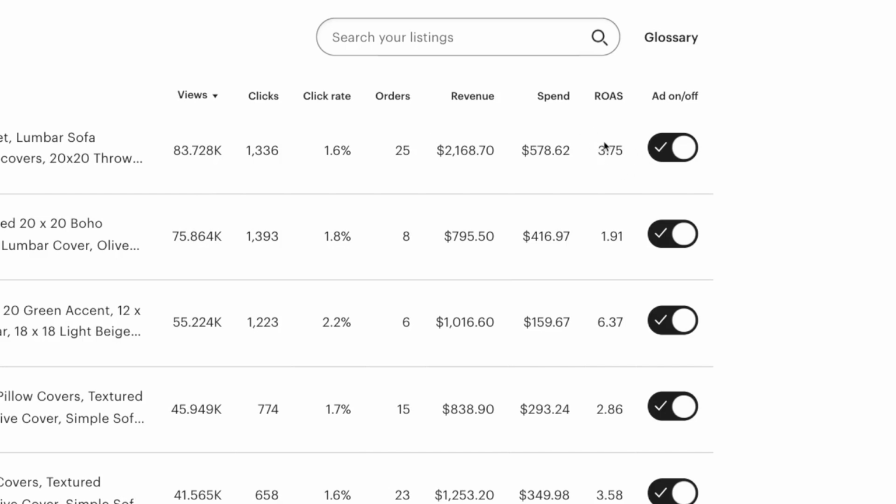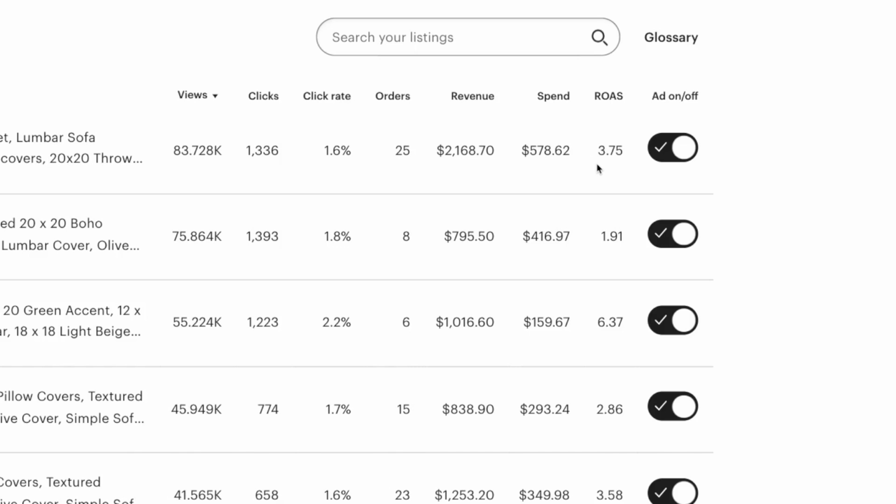Arguably, not even ROAS. In the past I would say, look at ROAS and compare it to your break-even point. And again, that stuff is interesting to look at, but it's not the key performance indicator that tells you, is this working or not? Should I leave this on or turn it off?